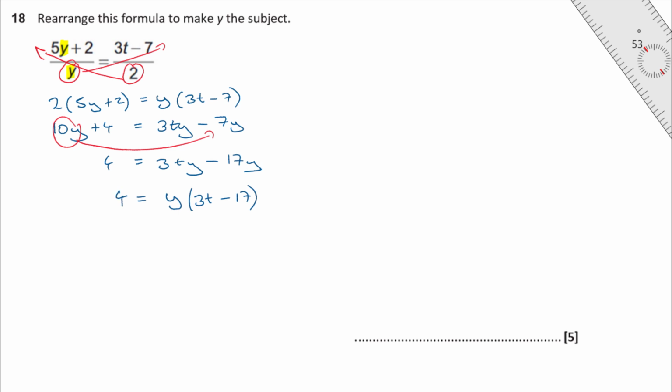And now all I need to do is divide both sides by 3t minus 17, and that's going to give me y is equal to 4 over 3t minus 17, which I'm just going to flip around for my final answer. y equals 4 over 3t minus 17. 5 marks for that. That's not too bad, is it?